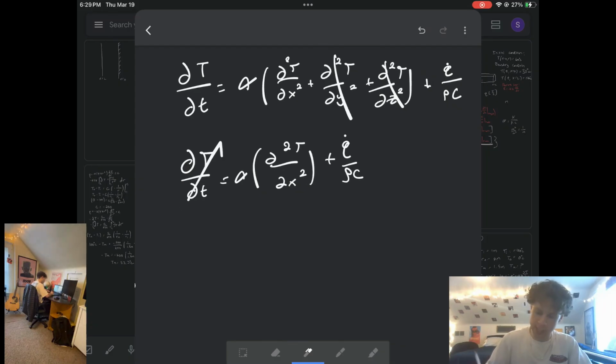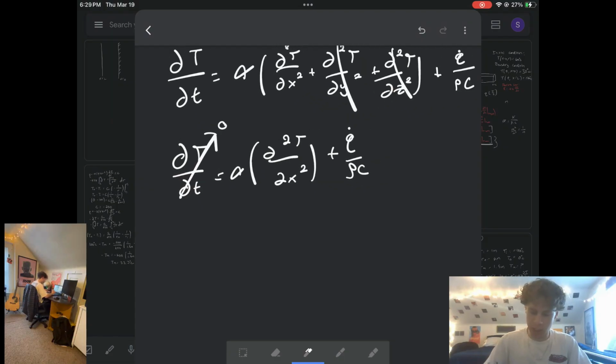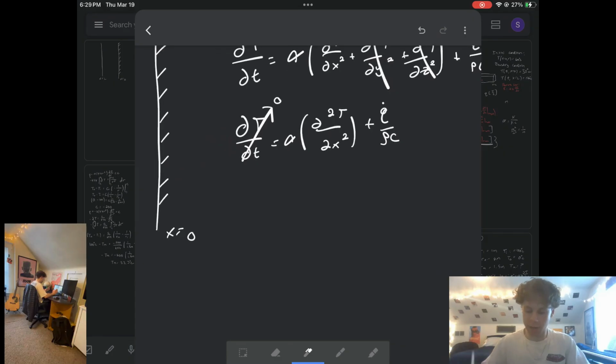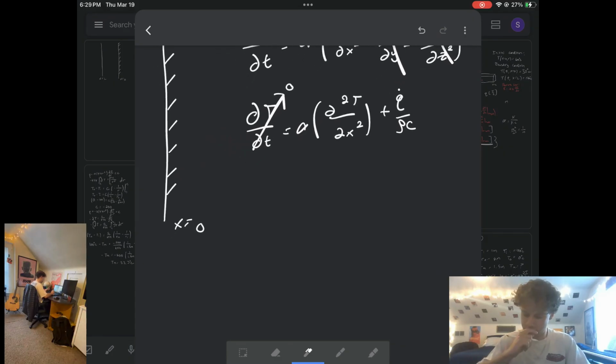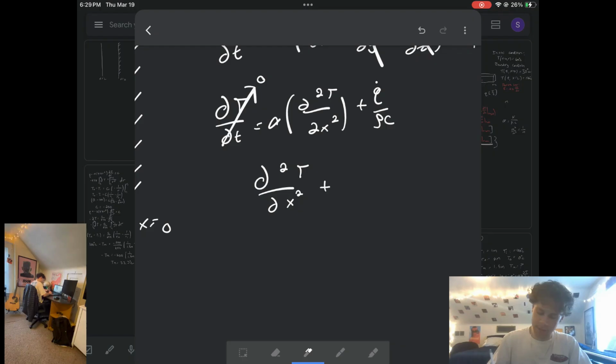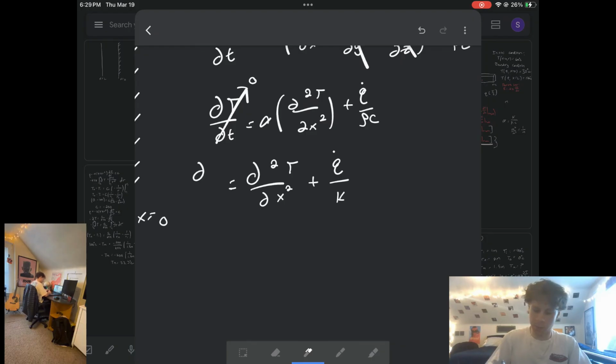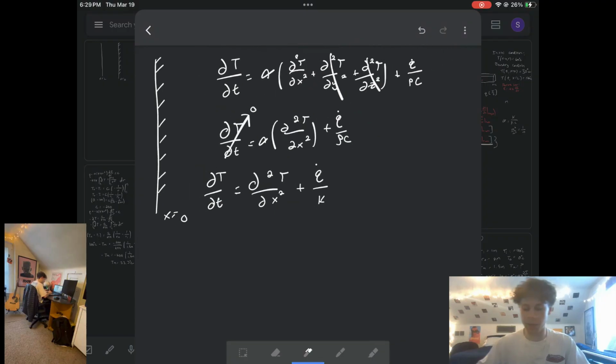And since we're at steady state, we know that this will go to 0, and we'll be left with our second derivative with respect to x plus our heat generation divided by k, which is equal to 0.